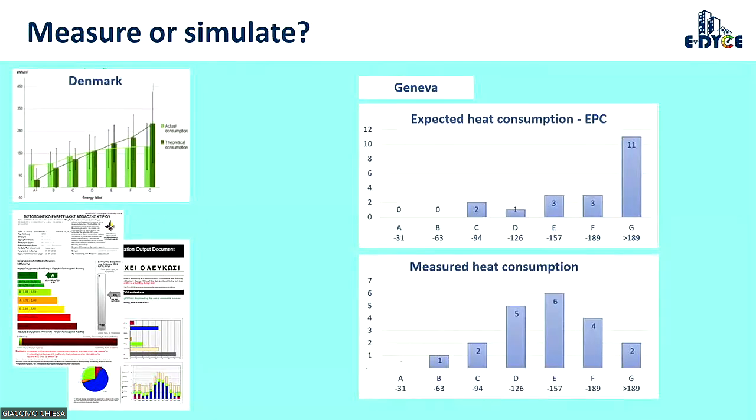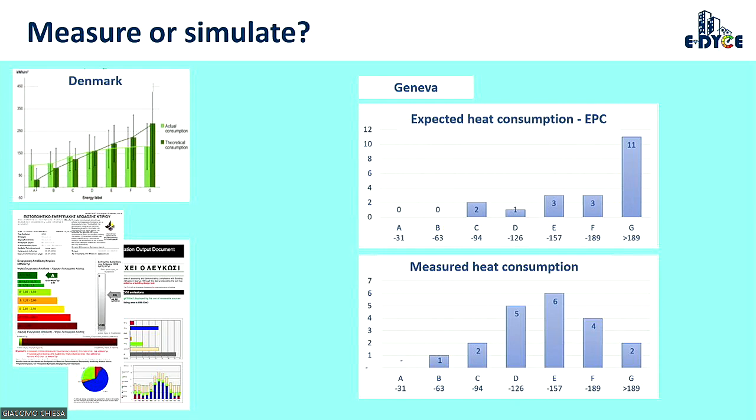And the first question they wanted to answer, in editing this regulation, was measure or simulate. And then you see the Danish measured and simulated by the EPCs distribution, and this is what Michal presented.